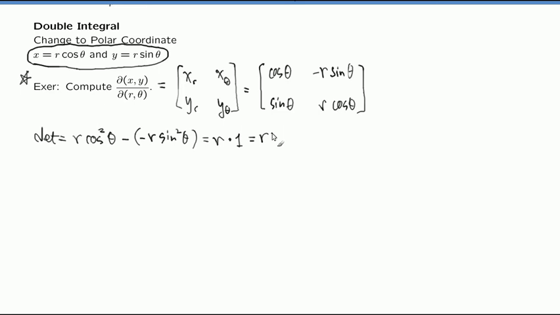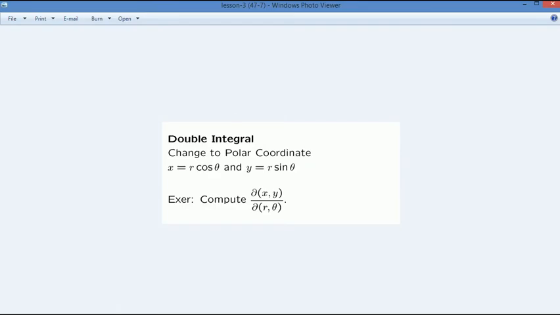So if it is polar coordinates, you're not going to be computing the Jacobian all the time. Just memorize it. What is the Jacobian for polar coordinates? R. Okay? That's the answer. And it's a positive number, right? What does that mean? It's a good orientation.